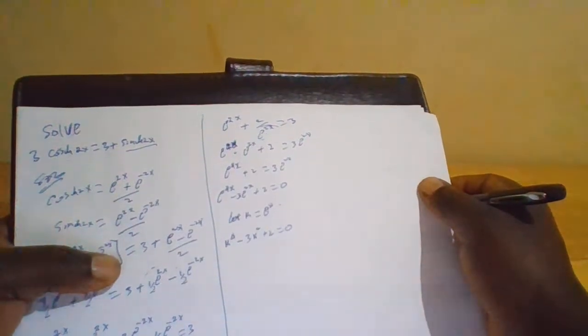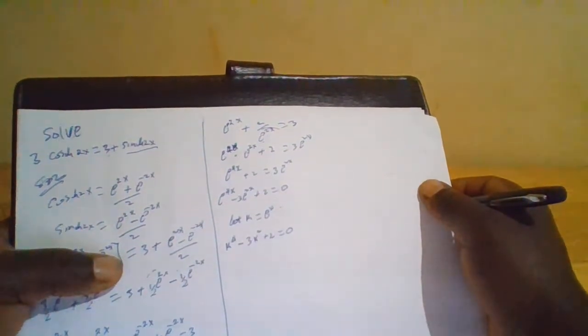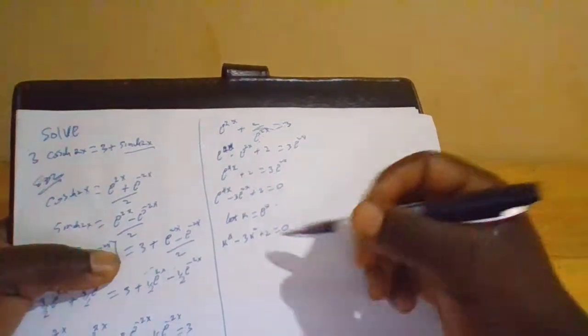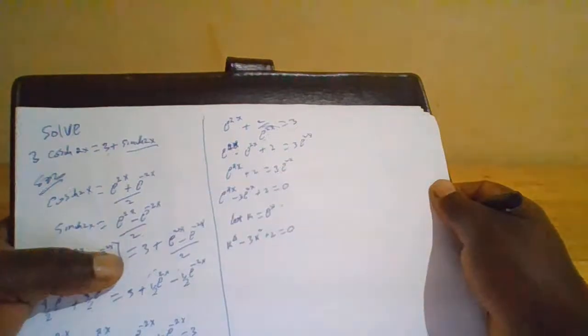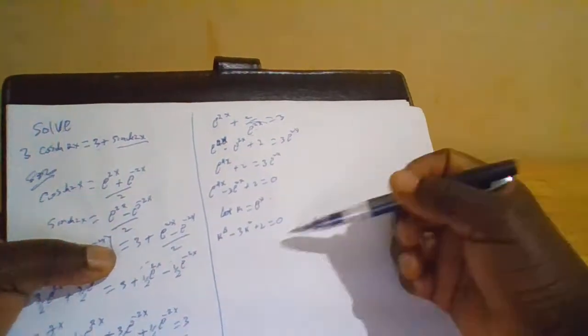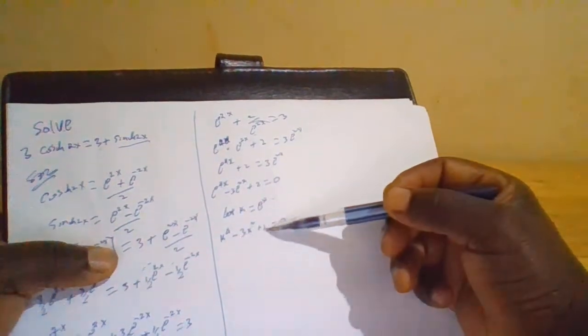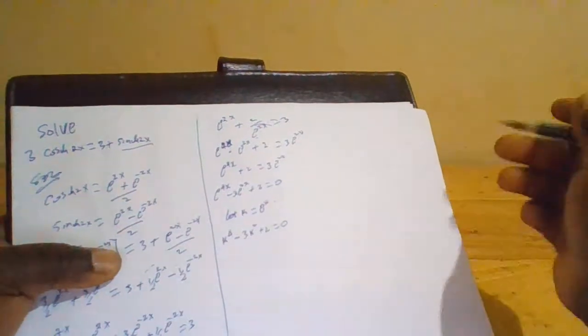So we need to factorize this polynomial. We need to look for the value of k that, when we replace in this equation, we get 0.